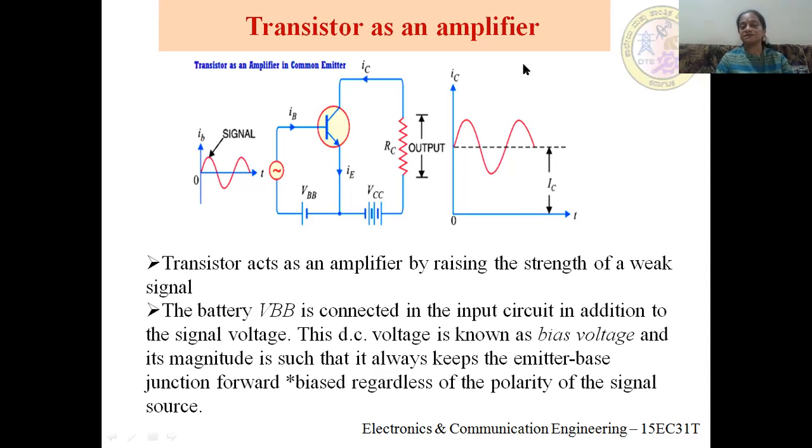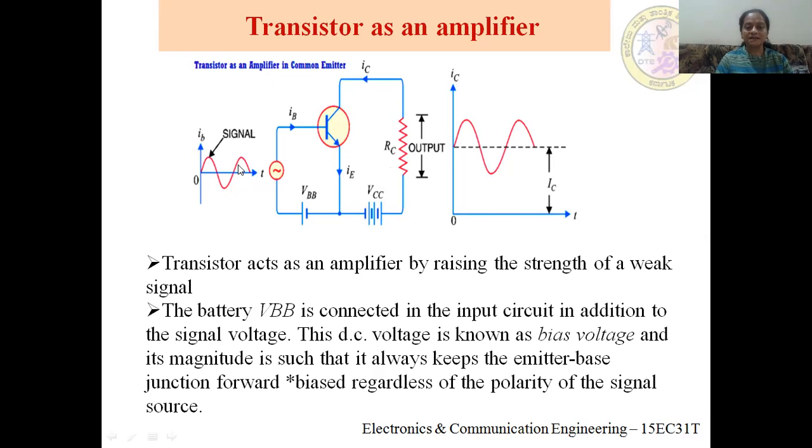So when the transistor is used as an amplifier, it acts by raising the strength of a weak signal. In order to operate a transistor as an amplifier, as I said, we are always going to refer to the common emitter configuration. In this figure, we have taken a common emitter configuration where the emitter terminal is made common to the input circuit as well as the output circuit.